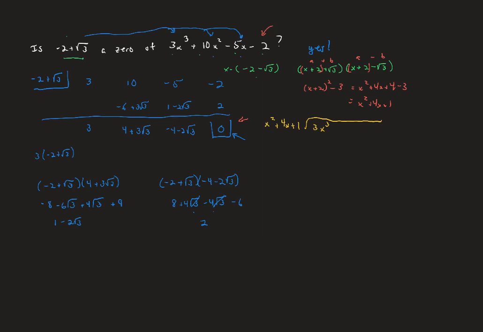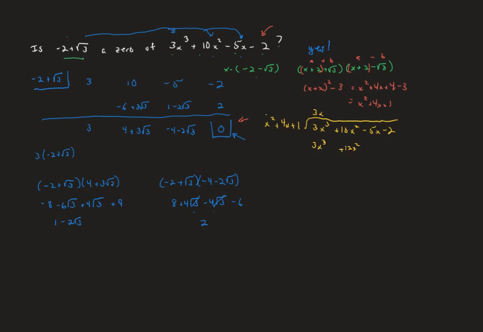So let's see, I've got 3x to the third, plus 10x to the second, minus 5x, and minus 2. So I'm asking what times x squared is 3x cubed. That's going to be a 3x. So here's 3x to the third. 3x times 4x is a 12x squared.